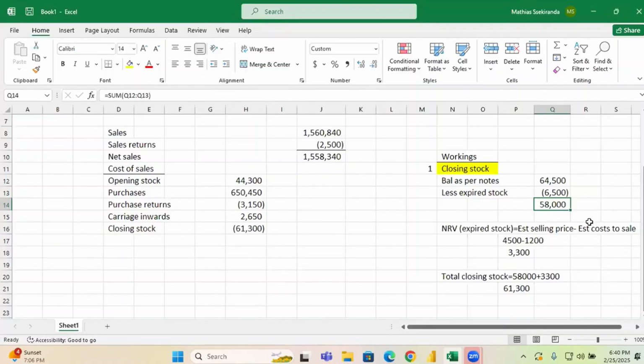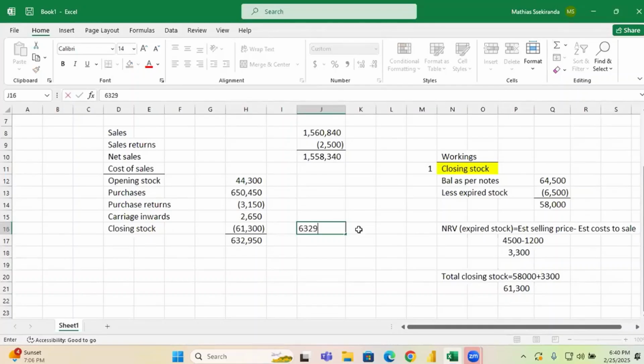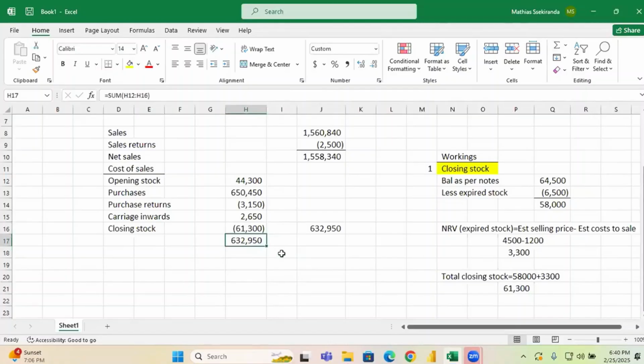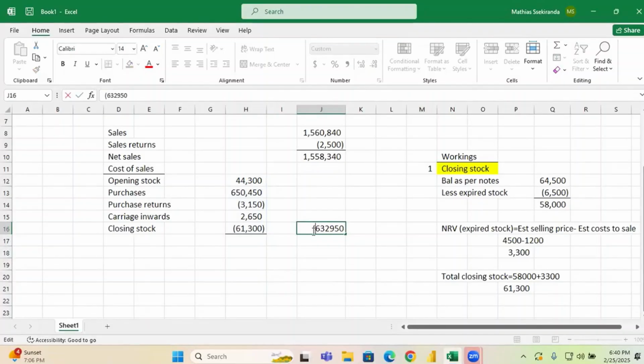Okay. So here we want to compute the cost of goods sold. The cost of goods sold is 632,950. The cost of goods sold, or cost of sales. I normally put it in brackets to show that it is a less.